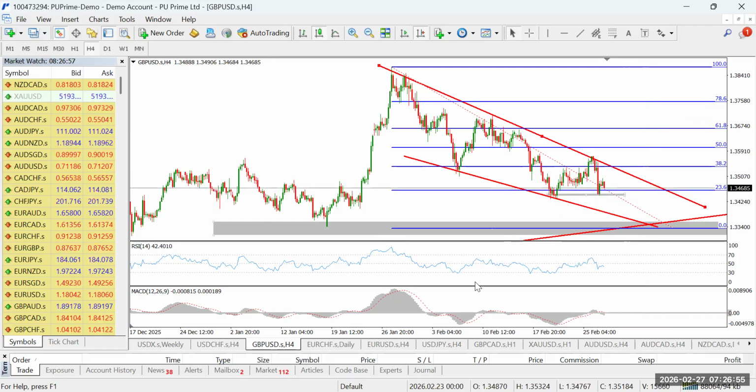So that's actually what I'm targeting. For now, I would just want to see price drop here, then we'll ride the wave really up high to Fibonacci 61.8 or 78.6. So that's my view on the GBP USD.